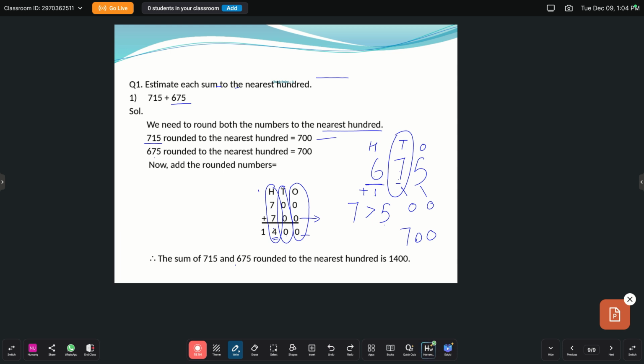We don't have any number there, so we will write this 1 directly here. So what is the number now? 1400. 1000 and 400 is the sum of the rounded numbers. So for 715 and 675, their sum rounded to the nearest 100 is 1400.